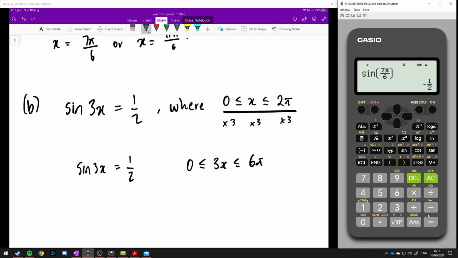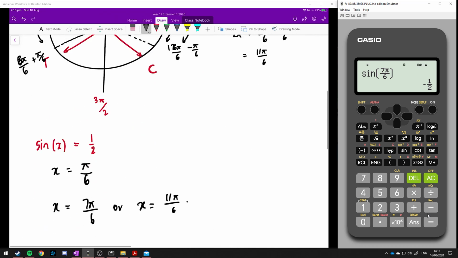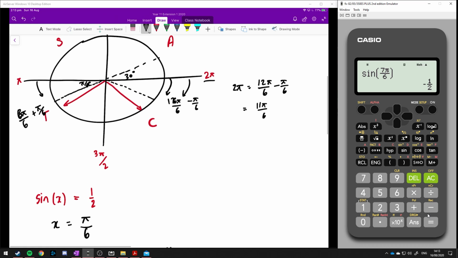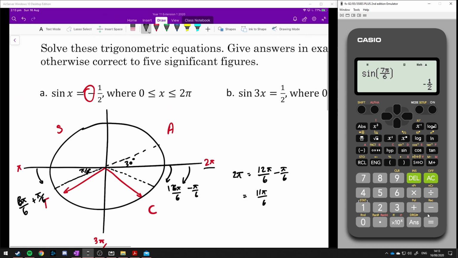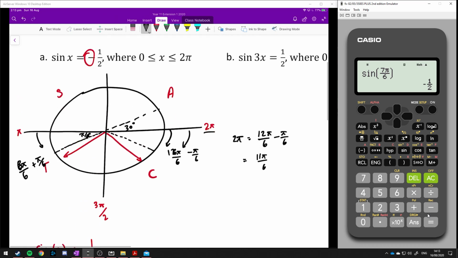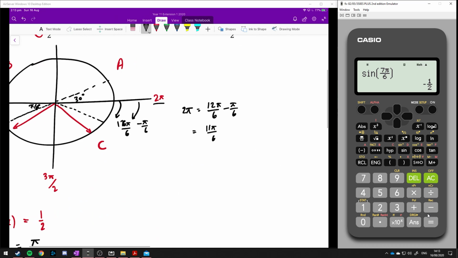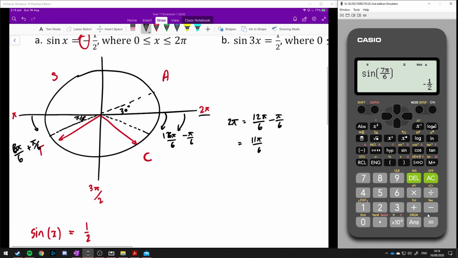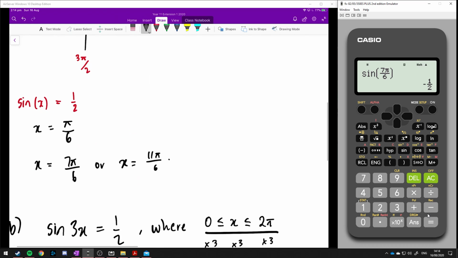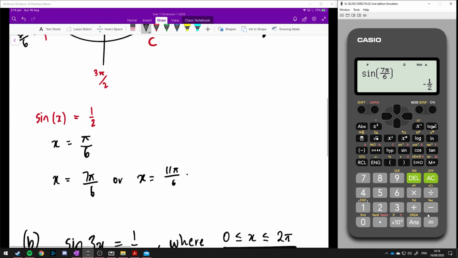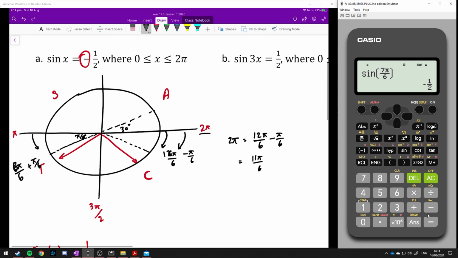Working with the diagram that we made from before, we're again looking for halves. Sine of a half is 30 degrees, so we're working with our pi on 6s again.